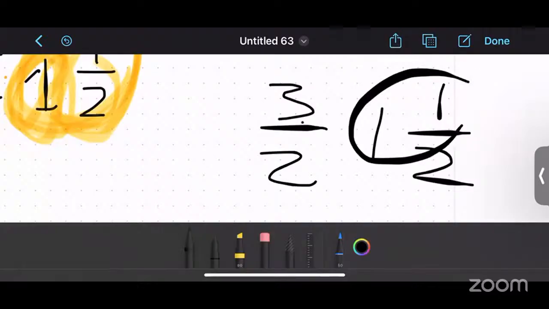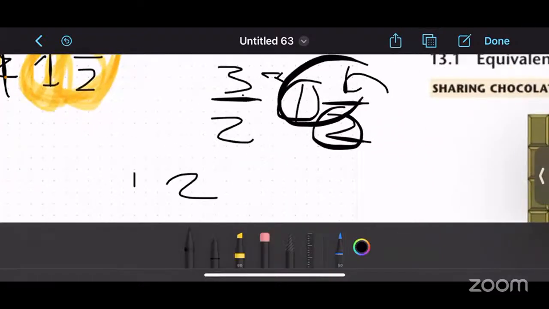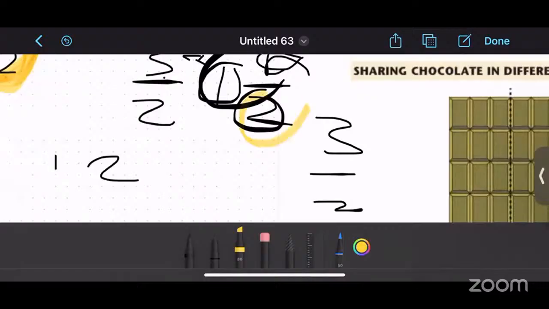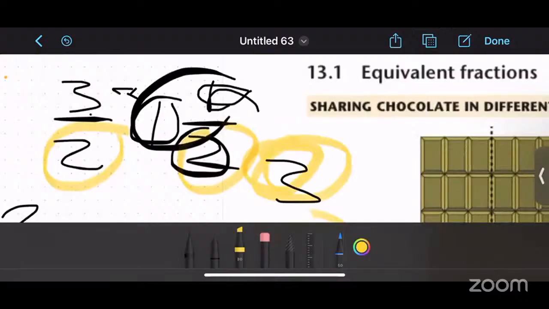Or vice versa. If you want to convert a mixed fraction to a common fraction, you just say 1 times 2 is equal to 2, plus 1 is equal to 3. So it's going to be 3/2. In everything here, do you see that the denominator does not actually change? The only thing that's changing is the numerator.